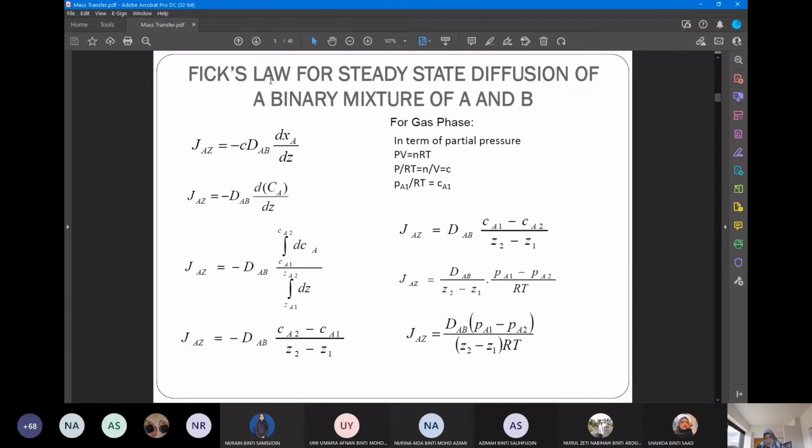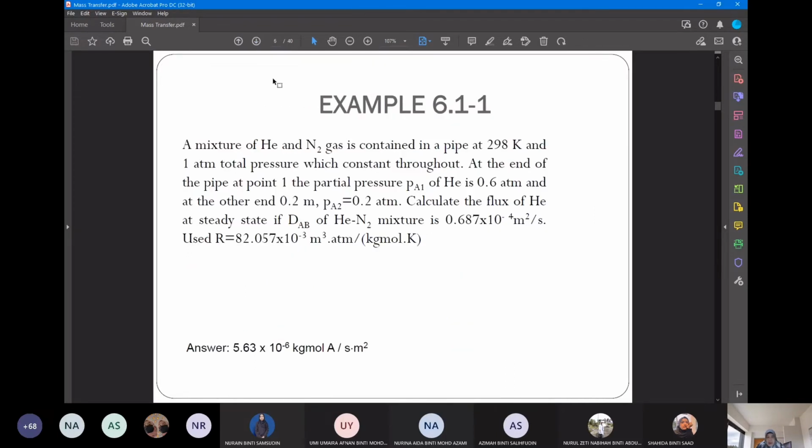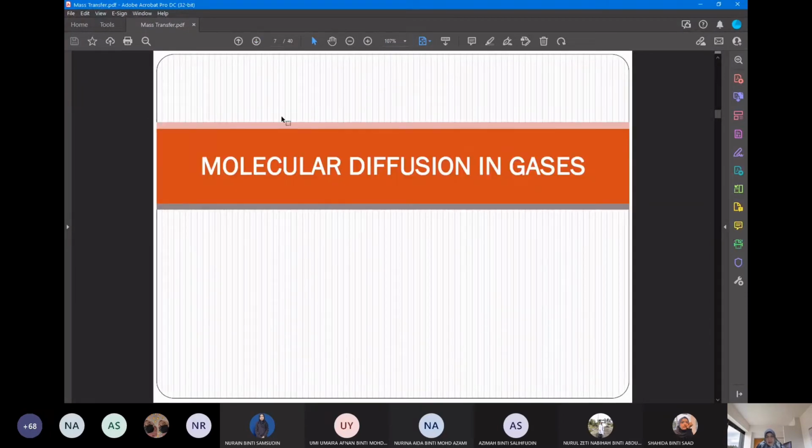Don't get confused. I asked you to use this equation because this example is very straightforward: you're dealing with gas and you're given partial pressure, so it's easy to calculate. So understand why you do the calculation based on partial pressure or concentration.